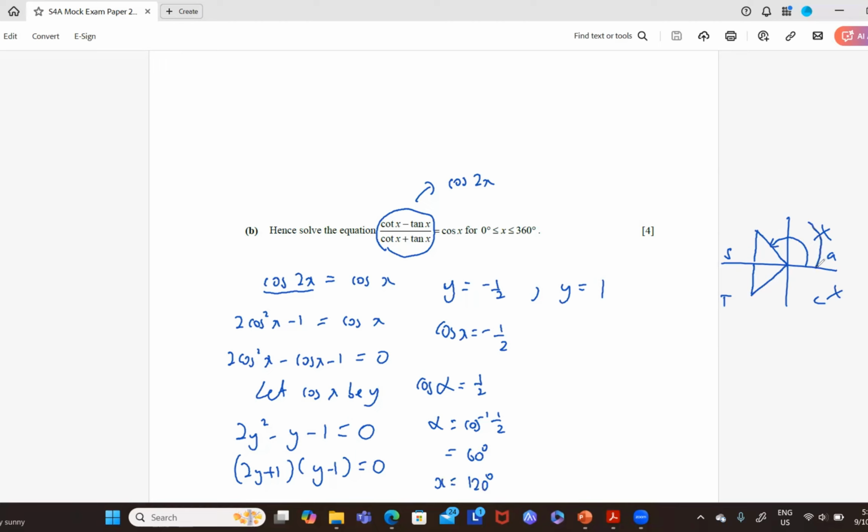Then the next one, you reach the hypotenuse of the next triangle, 180 plus 60, so that is 240 degrees. Now on this side, cosine x equals 1, right? Okay, so recall your cosine graph. Starts from here.